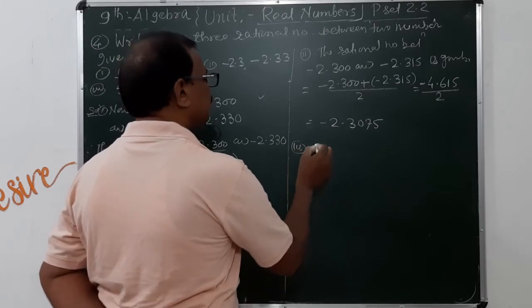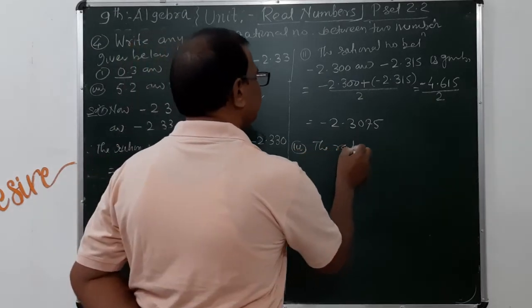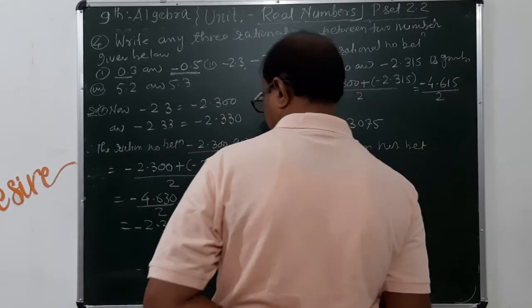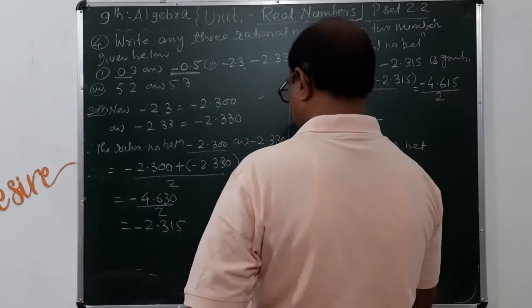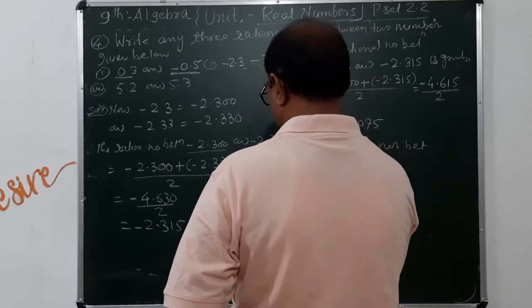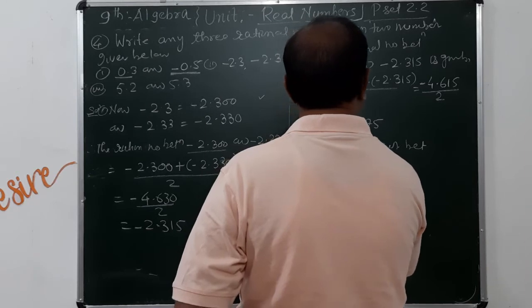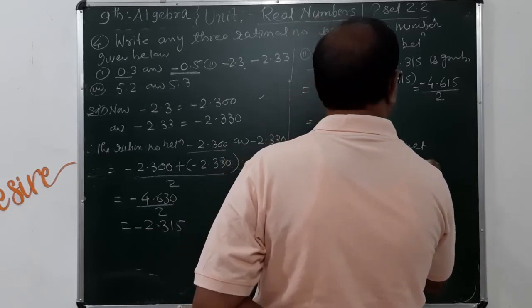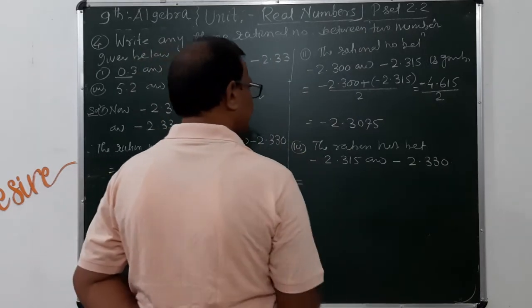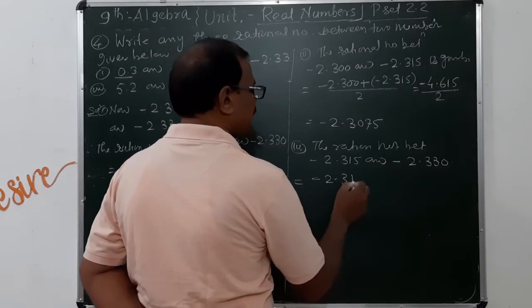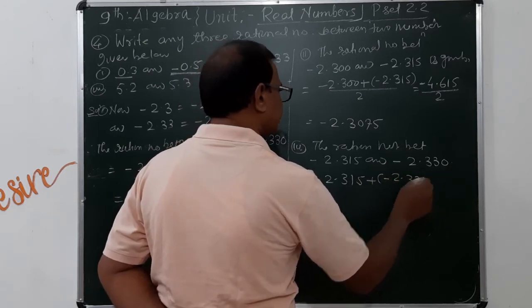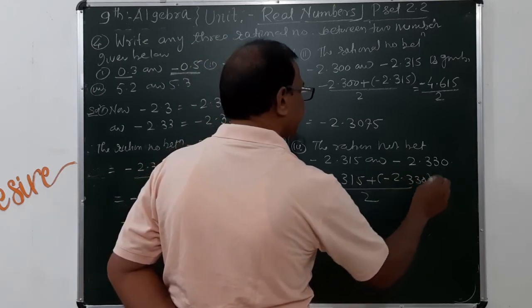Third, the rational number between minus 2.315 and minus 2.330 is equal to minus 2.315 plus minus 2.330 divided by 2.